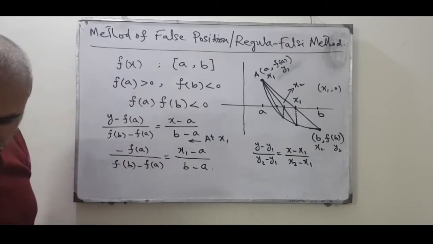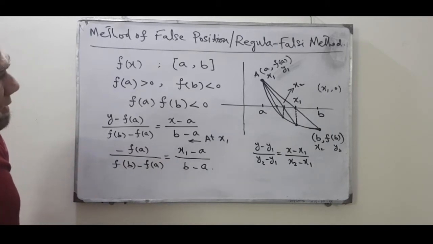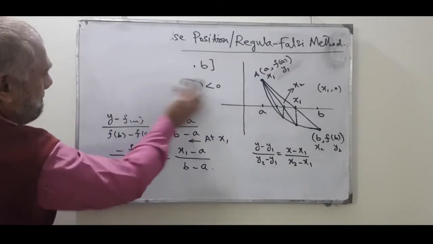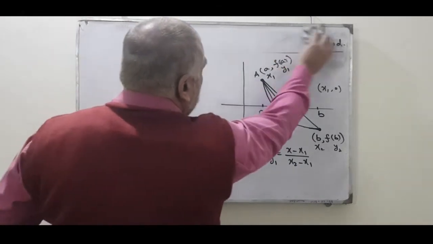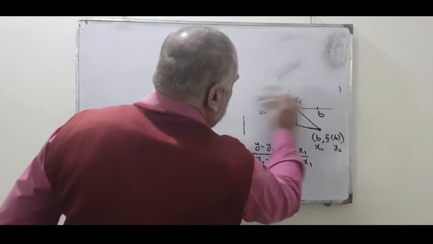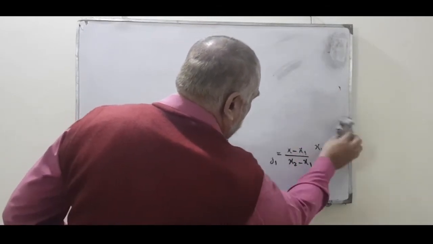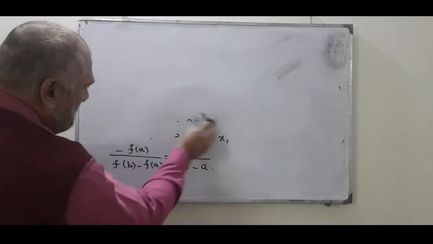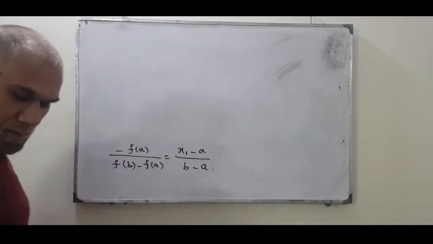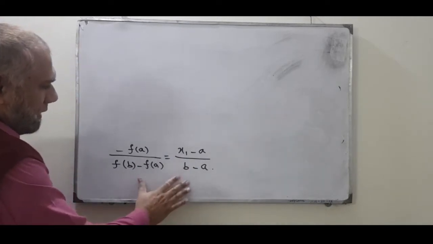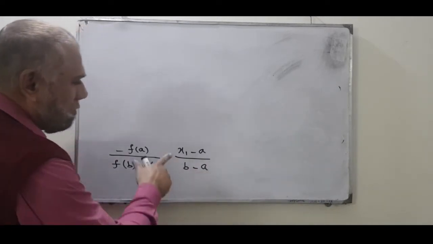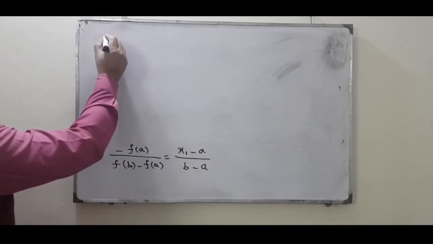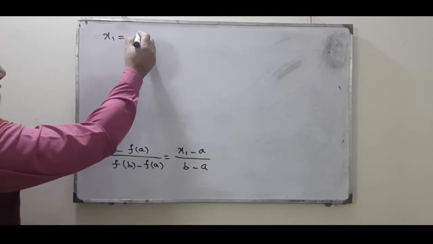Whenever you solve it, you will get a result which I am writing here directly. We solve this equation for x1 by taking x1 on the left side and shifting all the other quantities to the right side.